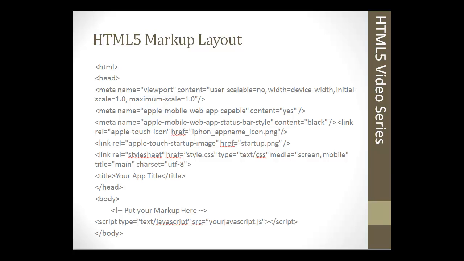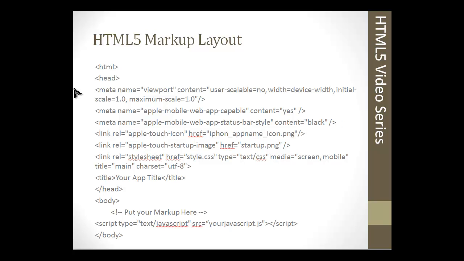So this would basically just be a shell. There's no JavaScript here. I'm not going to go into the JavaScript or any kind of database stuff or deep application stuff. This is just the shell and basically just the head of the HTML5 document.